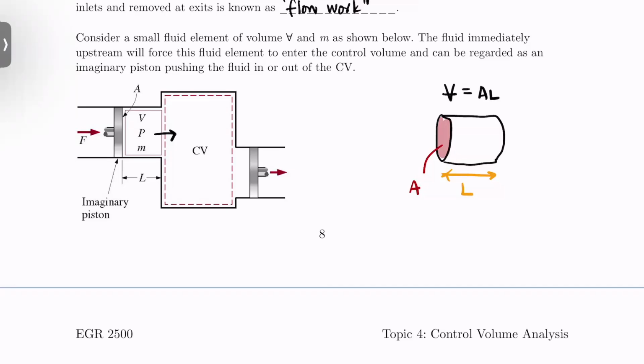So just to connect this with this figure on the left, my entire volume I'm going to shade in as green. So that's this block of fluid drawn in 3 dimensions. So the area of this circular surface here is A, and then this distance here is L. Does that make sense?